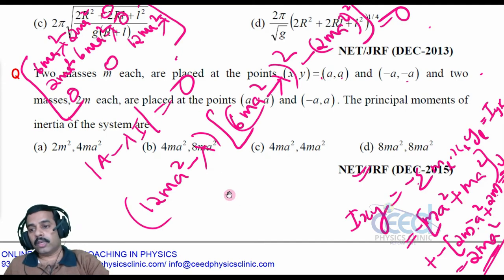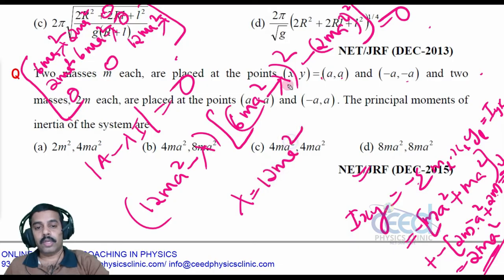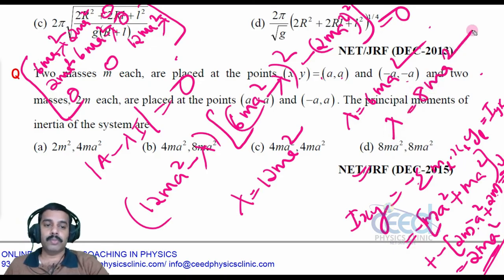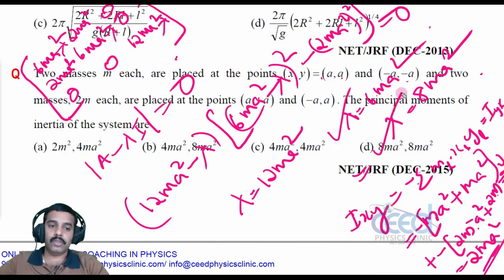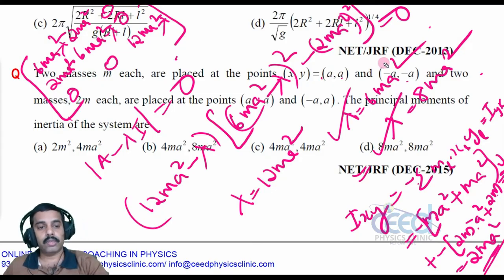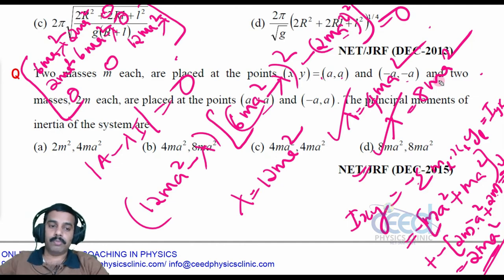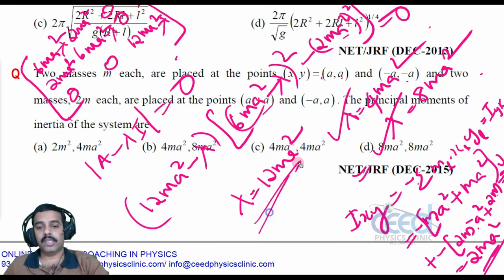One is lambda equal to 12ma square, and when you solve this, lambda is equal to 4ma square, and lambda is equal to 8ma square. So principal moment of inertia about the xy plane is this and this, right? So which are the principal moment of inertia, 4ma square and 8ma square, and this along z, right?